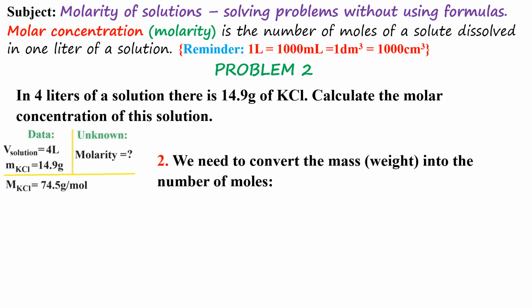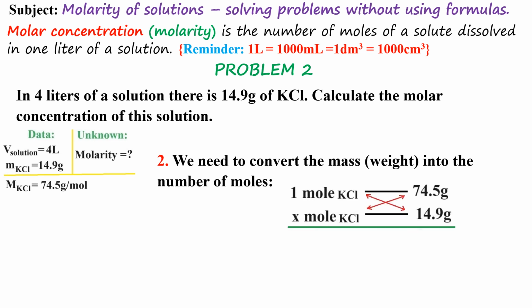Second point, we need to convert the mass into the number of moles. 1 mole of potassium chloride weighs 74.5 grams. So X moles of potassium chloride weigh 14.9 grams.